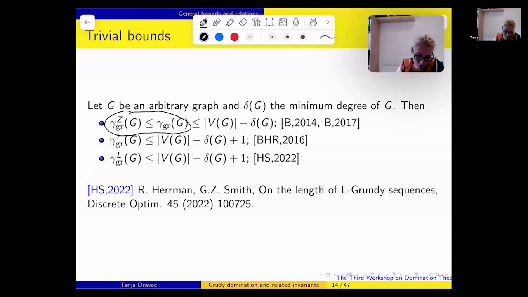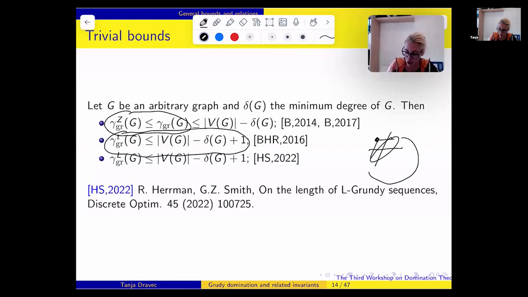Maybe I comment on this: the Grundy total domination number is bounded, and the upper bound is order minus minimum degree plus 1. The reason for that is that when I put the first vertex in the sequence, of course, this first vertex will totally dominate at least its neighbors, so at least minimum degree vertices. But each vertex must footprint something new, so must totally dominate something new.